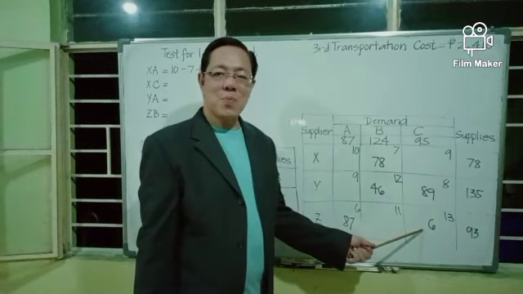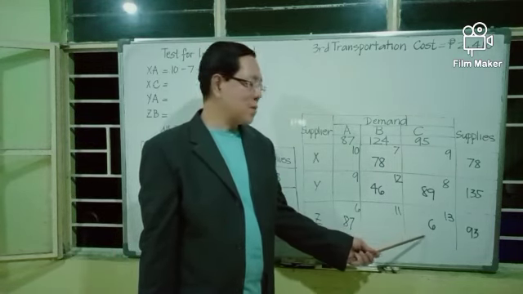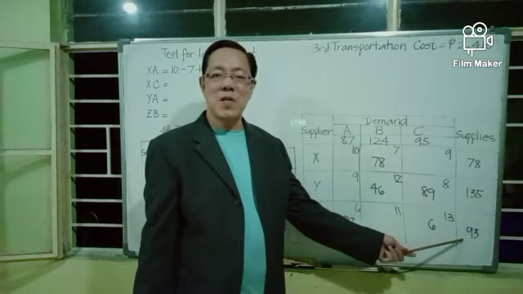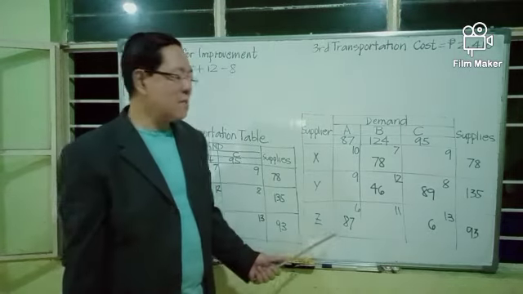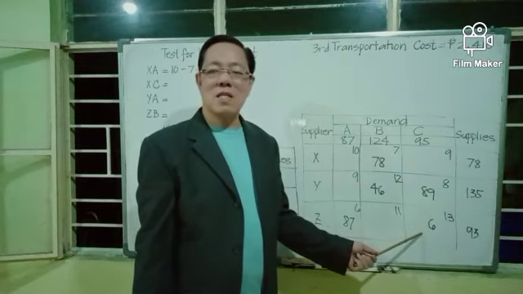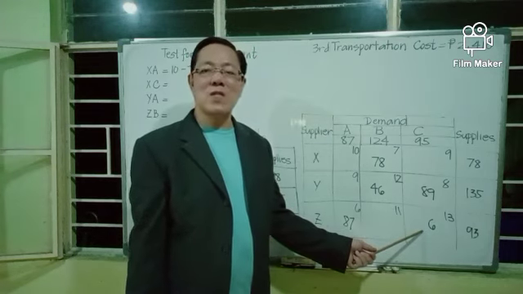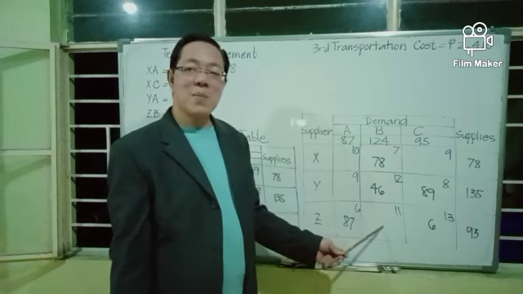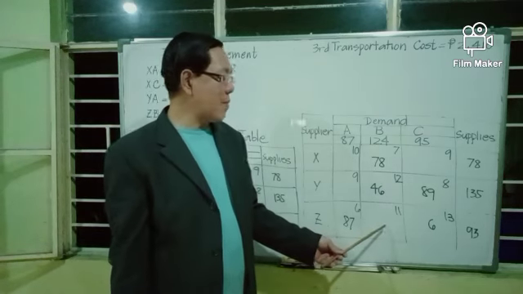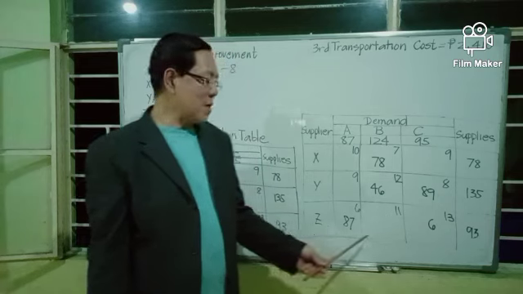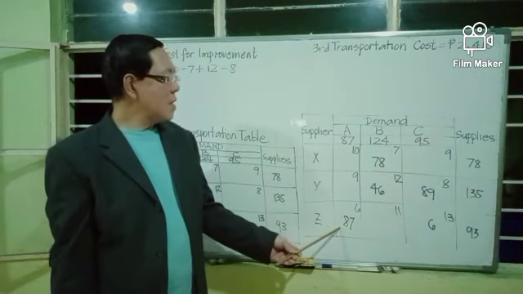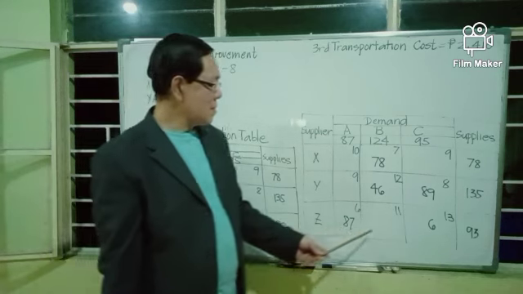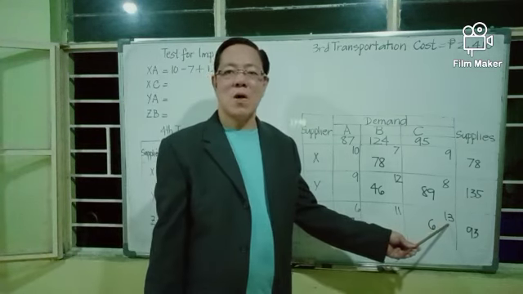And from this occupied cell, we move horizontally. We cannot move horizontally to the right because this is the number of units available in supplier C. So from 6, we move horizontally to the left up to 87. We skip this cell because it is vacant or empty. From 6, we move directly to 87. And the cost associated with that movement is the positive of this cell cost, or plus 13.